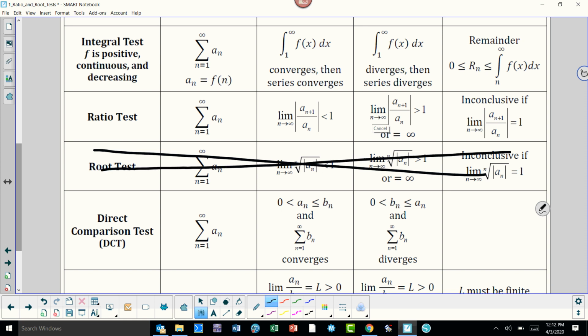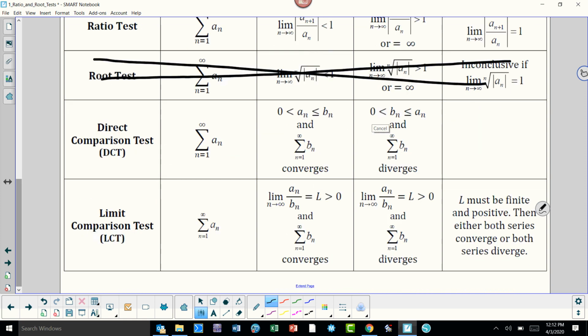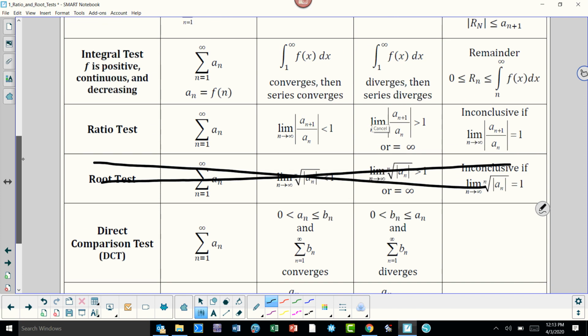Notice that the very last thing that's written, the last two are direct comparison and limit comparison. I would make notes next to all these, like direct comparison would be my last choice, probably never going to use it. Limit comparison, remember, very often when you see rational functions, limit comparison is going to be what you use.